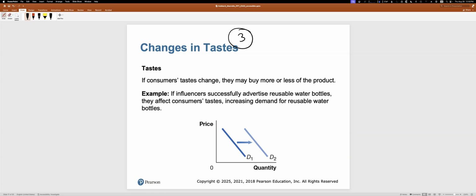We have this example here where if influencers successfully advertise reusable water bottles, they affect consumer tastes. I guess that's why companies pay for influencers. We might think that influencers aren't doing anything useful for the economy, but that would be pretty negative. They are doing something positive. Their goal is essentially marketing to try to shift the demand curve.